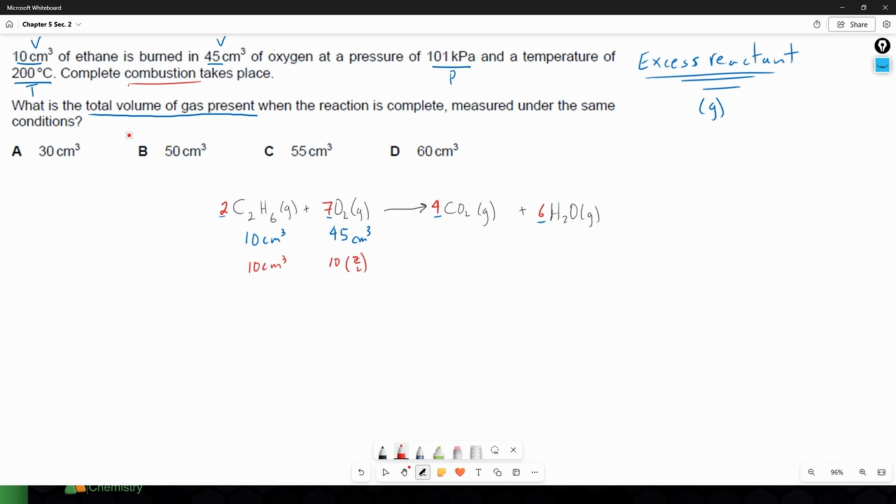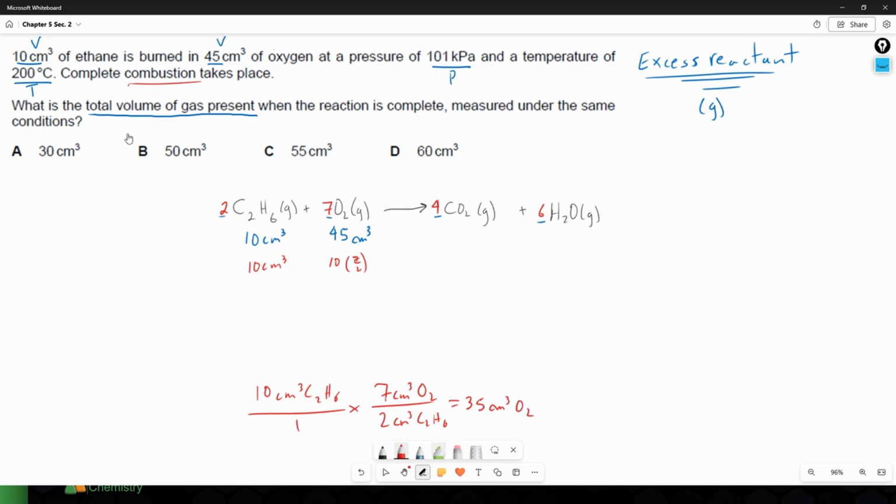Why 7 over 2? Because these volumes are equivalent to moles, we can do the same as a mole ratio. 2 cubic centimeters of C2H6 is equivalent to 7 cubic centimeters of oxygen, according to our ratio in the reaction. Well, 10 divided by 2 is 5, times 7 is 35 cubic centimeters of oxygen.